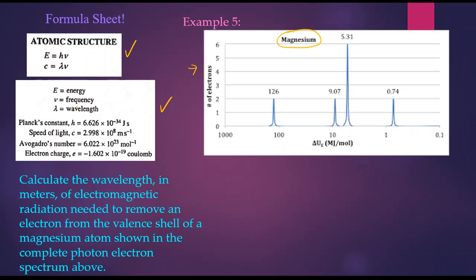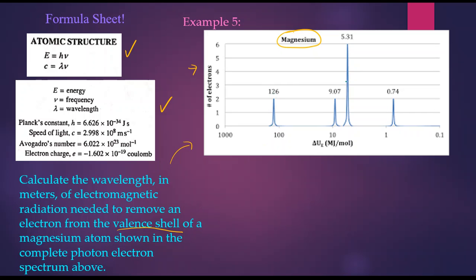They give you both the formulas and they define all of the different constants. This example says calculate the wavelength in meters of electromagnetic radiation needed to remove an electron from the valence shell of magnesium shown in the complete photoelectron spectra above.